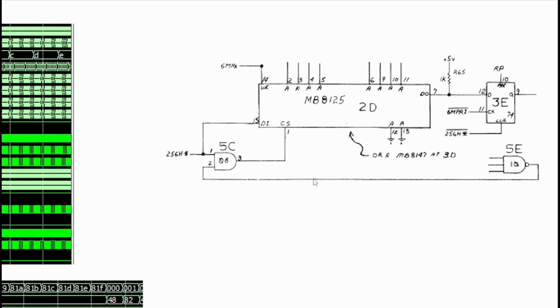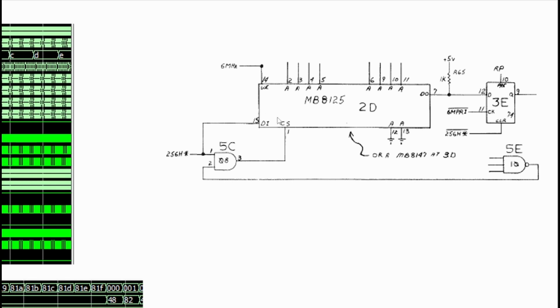In our circuit for the inputs, the chip select is a combination of 256H star, which is an offset of 256H, or the H blank, and that's ANDed with the 5E. Remember, that was the output from the vertical delay circuit.